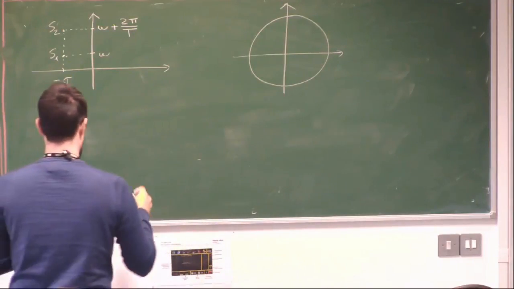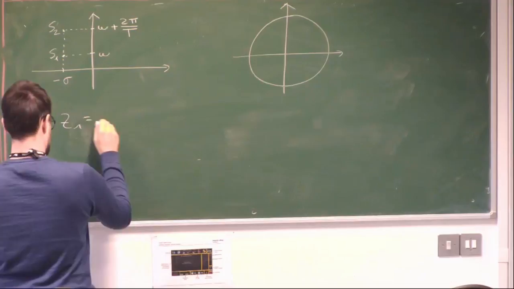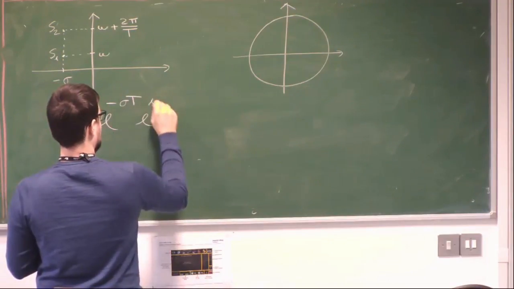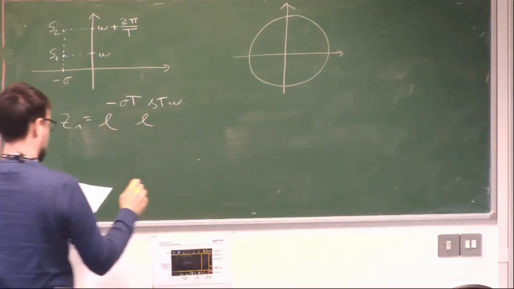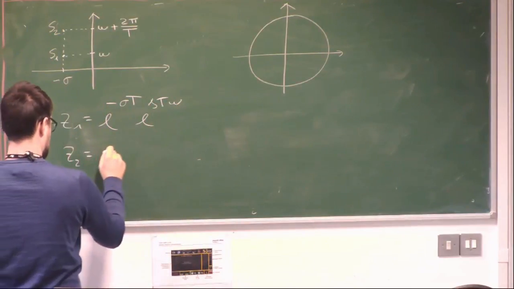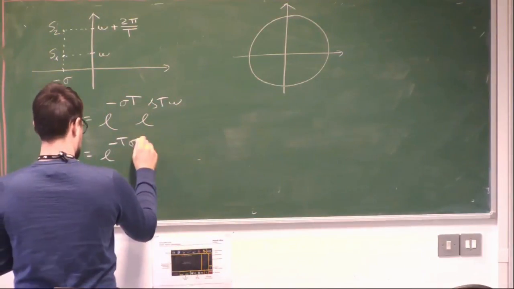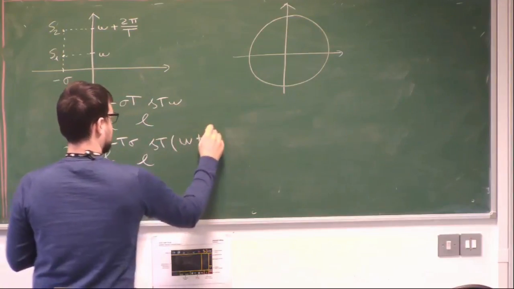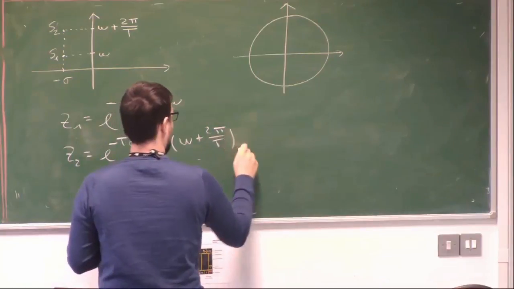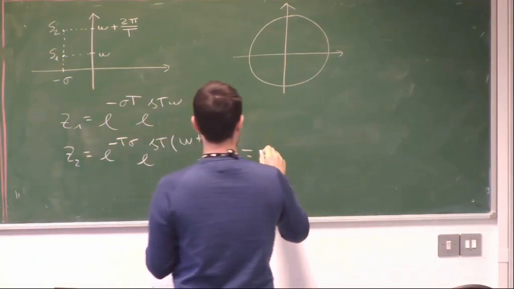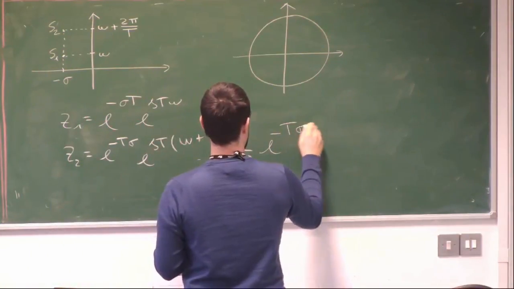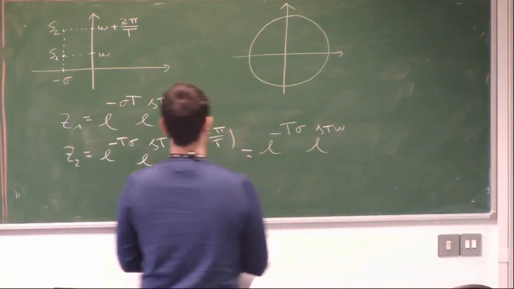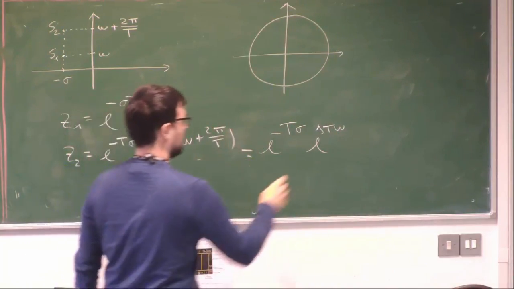We see that Z1 is equal to e power minus sigma T e power j T omega, and Z2 is equal to e power minus T sigma e power j T times omega plus 2 pi over T. And we have just shown that actually this is equal to e power minus T sigma e power j T omega. And this is equal to Z1.